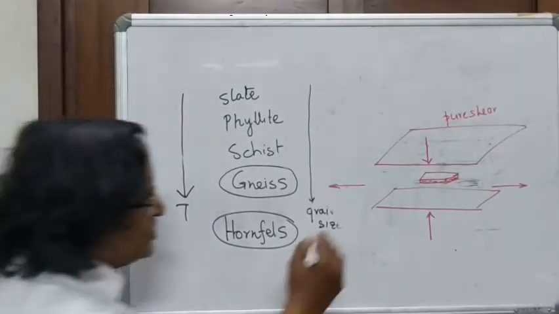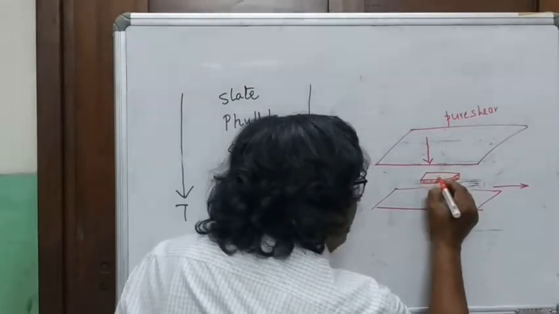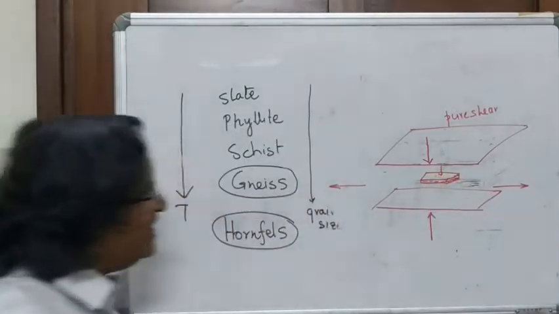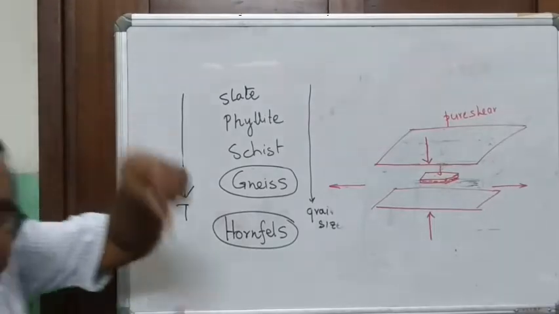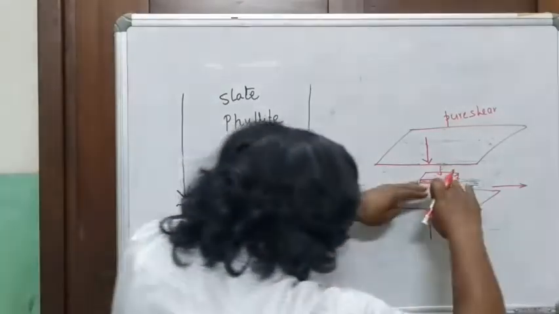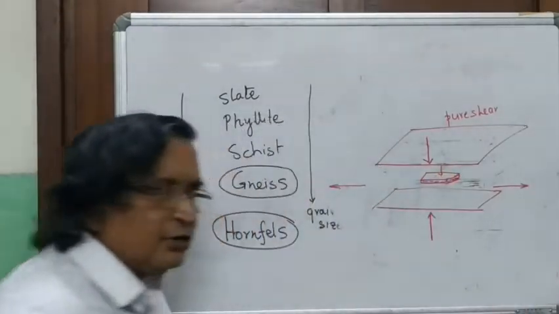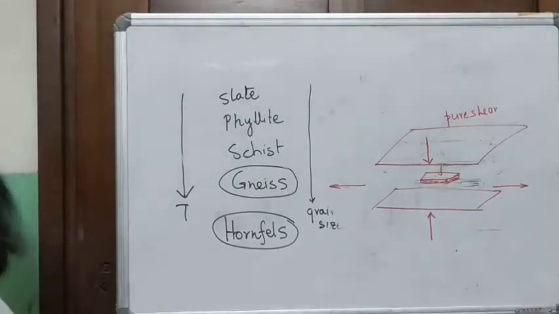The mica minerals with the flat face are aligned perpendicular to the maximum shortening direction, and the face is parallel to the direction of the maximum stretching.